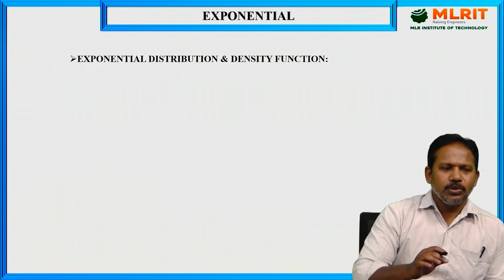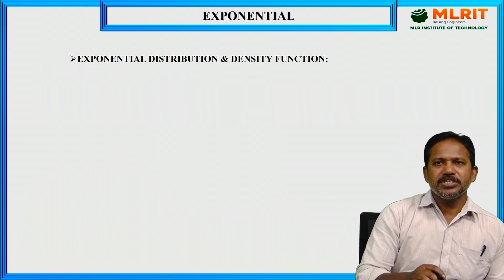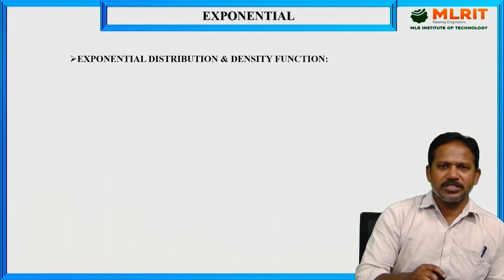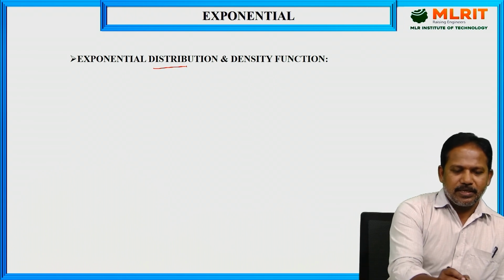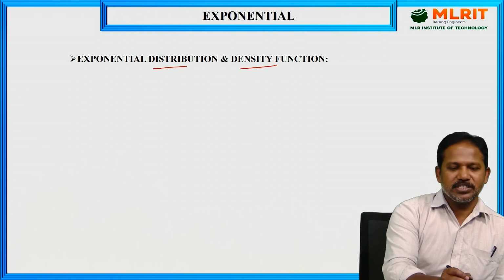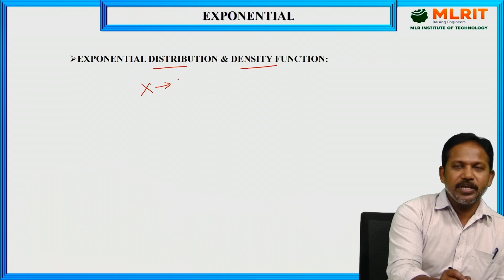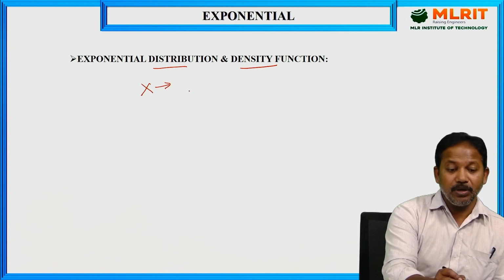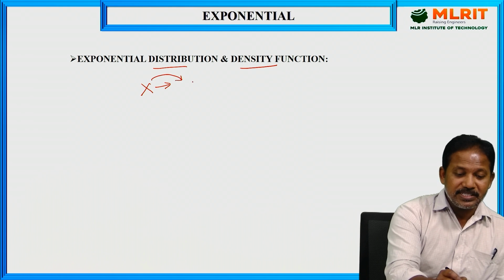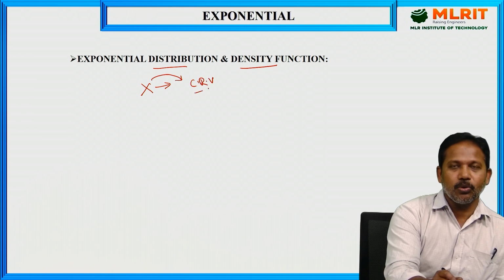Now we move to the exponential distribution and density function. Here also my random variable x is an exponentially distributed random variable, and x is a continuous random variable only.